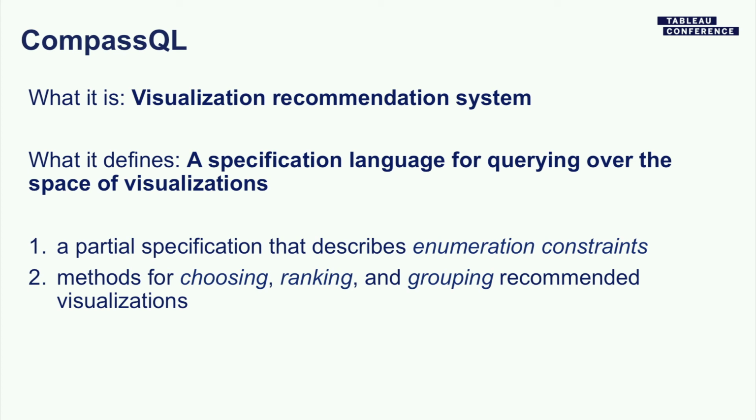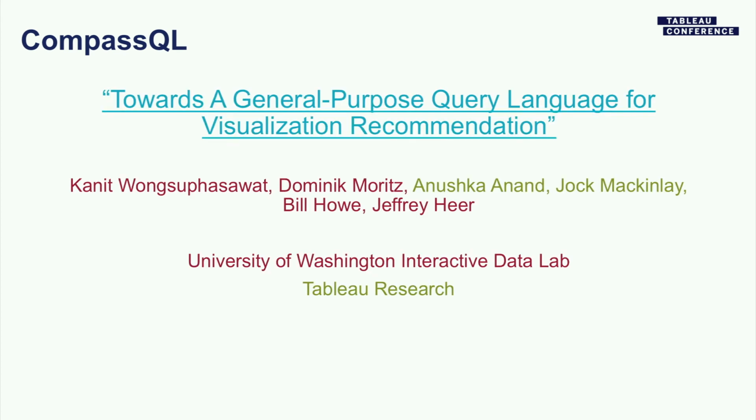The cool thing about how they did this was that they used several different languages, all aimed at solving different subsets of the problem, and it allowed them to reason about it and build a really cool visualization recommendation system. In fact, Anushka, who was involved in that, went on to start the recommendations team for the Tableau recommendations feature. And if you went to Iron Viz yesterday, you saw Jock in his bow tie and his blue suit.